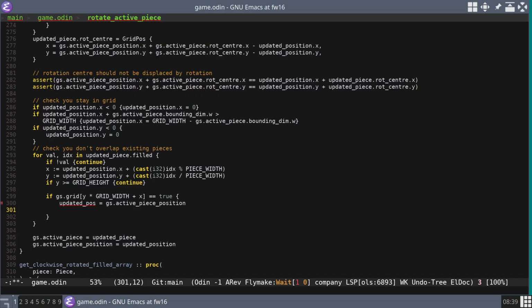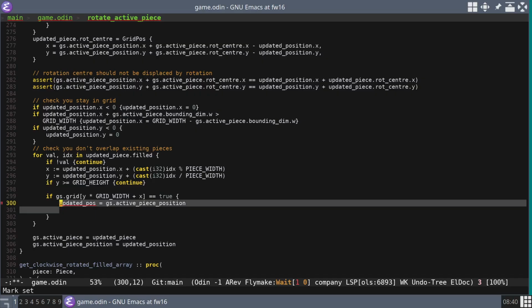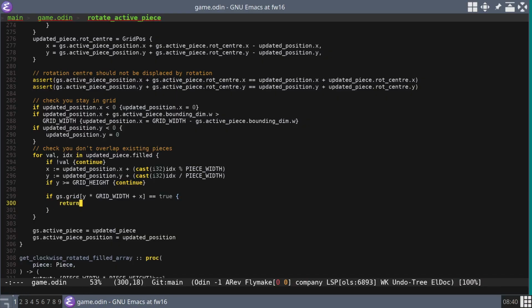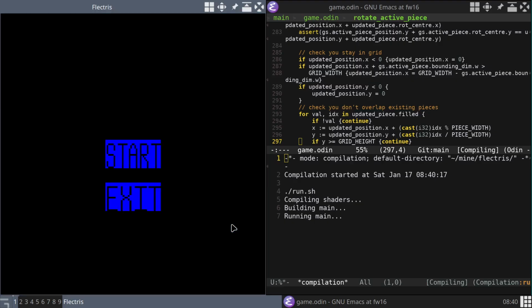So let's go ahead and look at that. So if GS grid Y is equal to true, that do it.